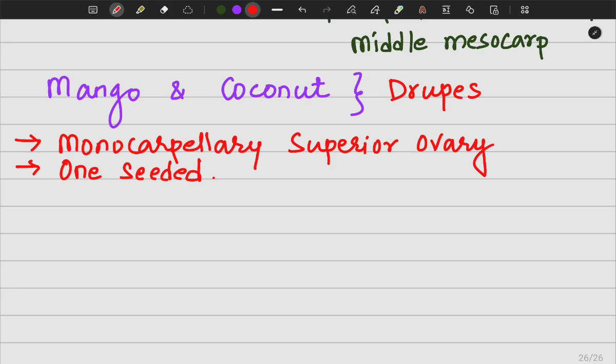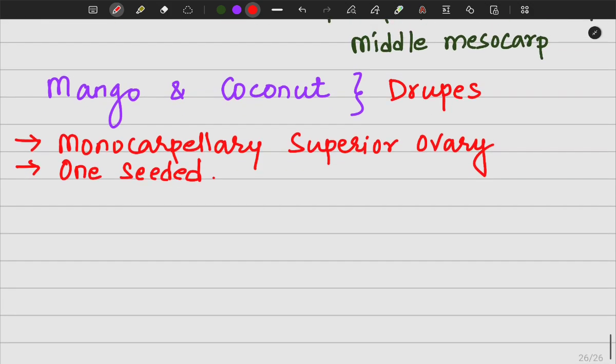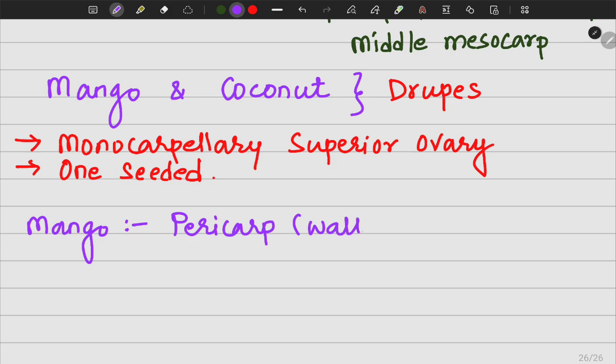Now let us study with the help of a diagram the structure of the three layers, the endo, meso and epicarp. In the case of mango, the pericarp, or the fruit wall, is well differentiated into the three parts we just discussed.